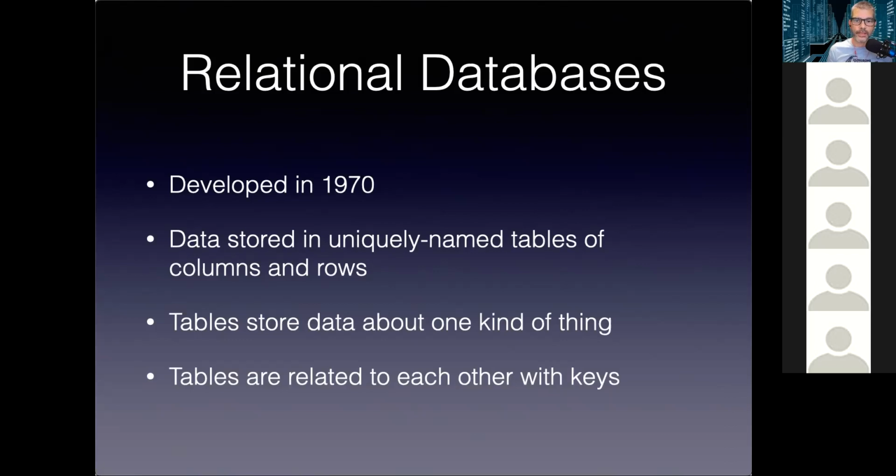The difference between a spreadsheet and a relational database table is that relational database table columns are predefined. They are defined in terms of their name, and they are defined in terms of the type of data that they store. So unlike a spreadsheet, in a relational database table, you can only store data of a specific type, be that a number or a string of characters or a date or some other more complex type.